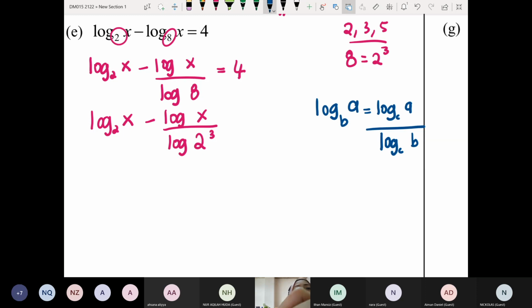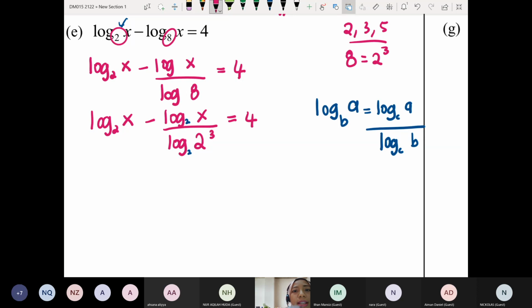Jadi disebabkan cikgu nampak cikgu ada base 2, I won't introduce base 10, but then I will introduce base 2. But top and bottom must be the same. Boleh tak semua? Okay, boleh. Ini crucial part ni. Okay, then only we can continue.